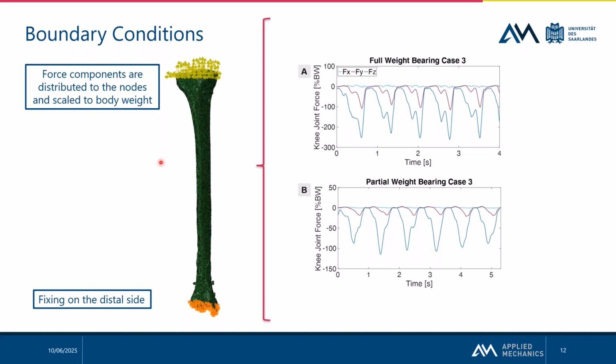So that's how we change the boundary conditions. But for us, it's really important that we use the real gait and the real force data from the individual, and not some kind of estimated knee joint force.